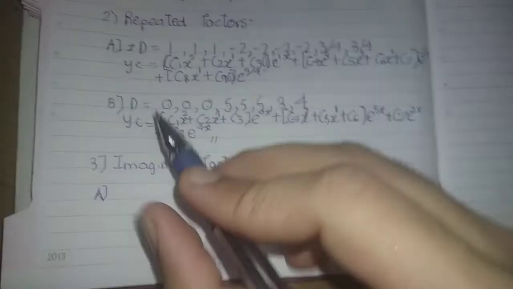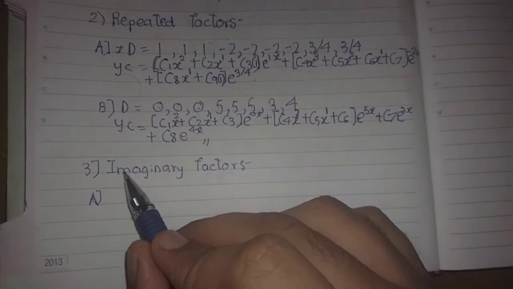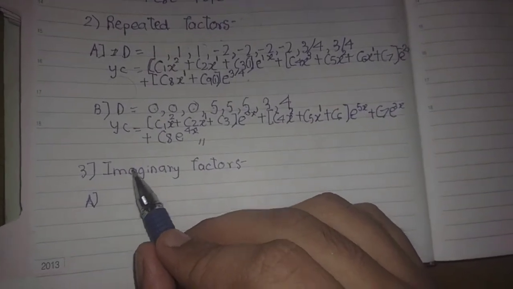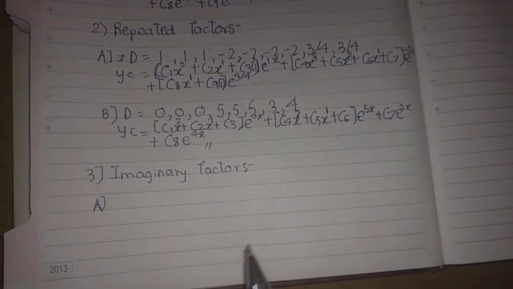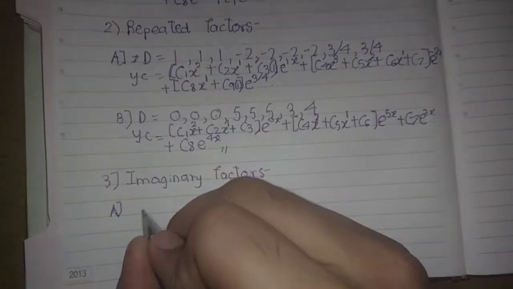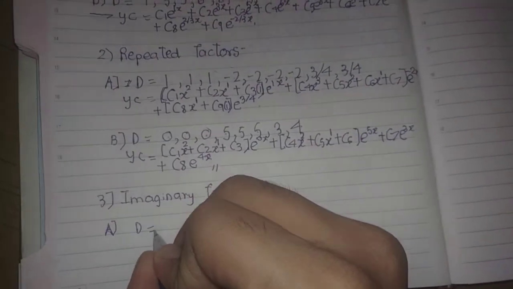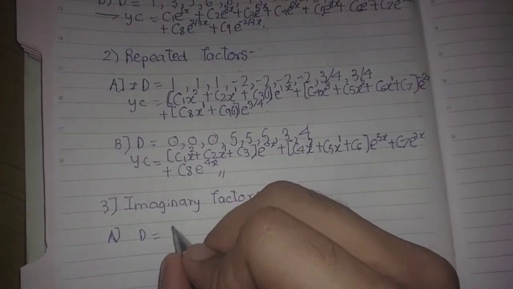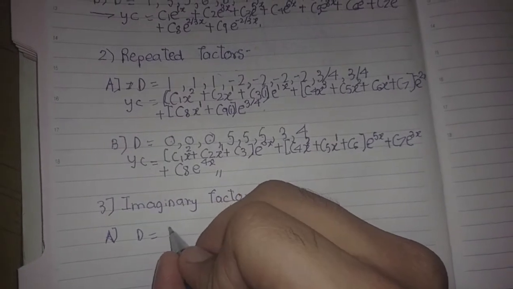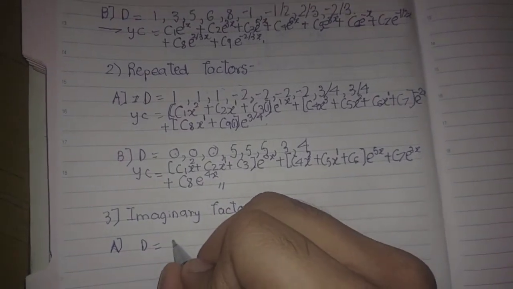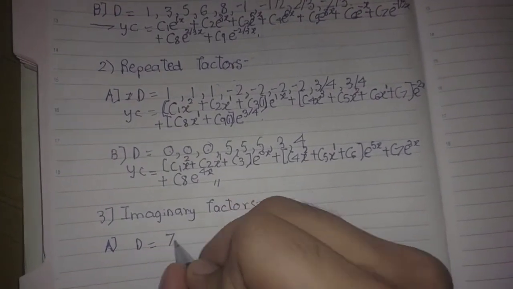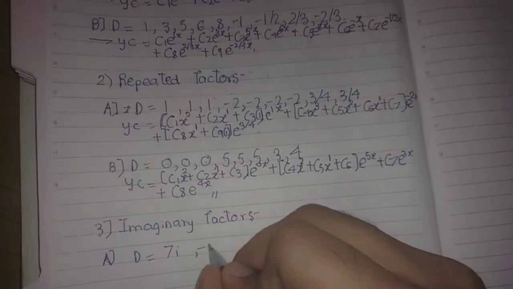The third and the final case of the complementary function which we are going to learn now is the imaginary factors. How are we going to understand the terms we have been asked is an imaginary function? Let's assume 7i and minus 7i.